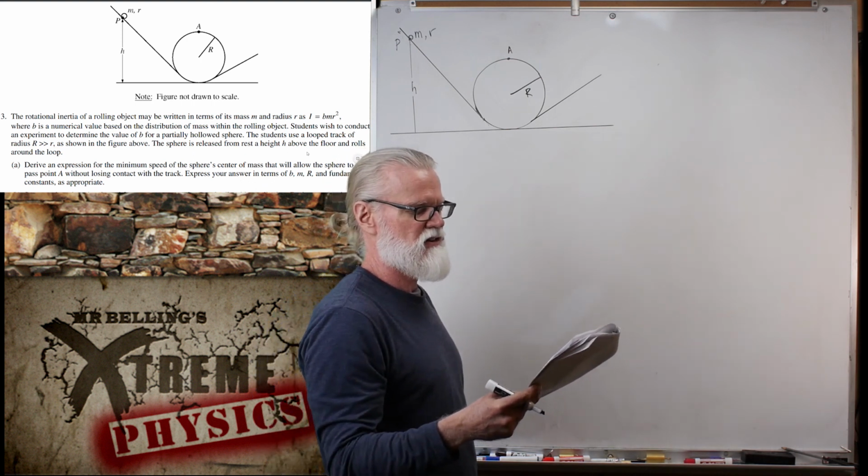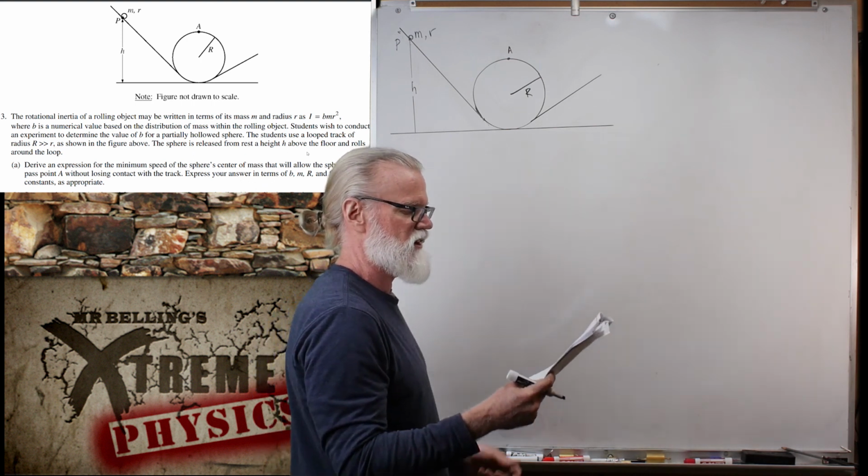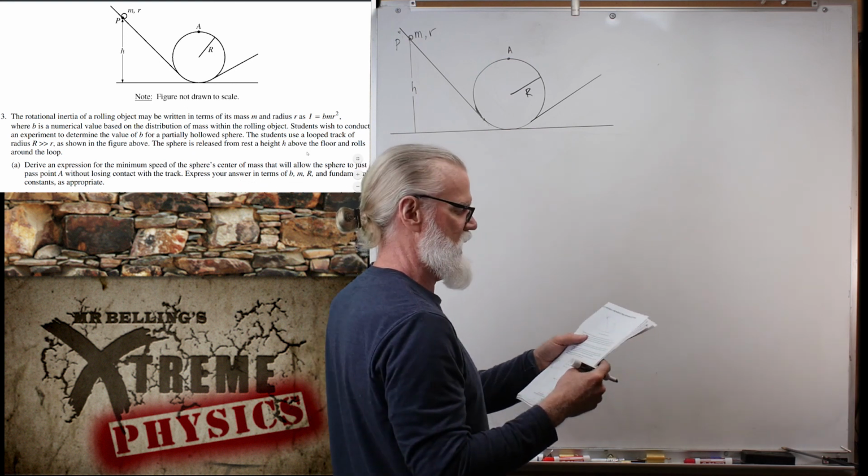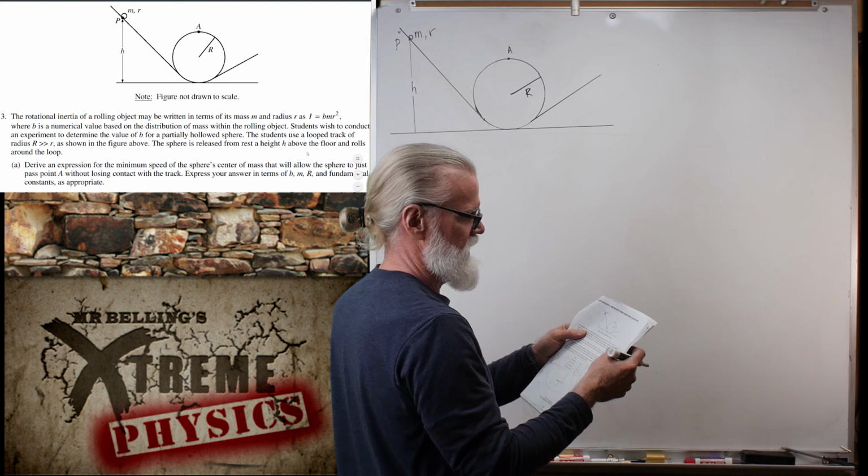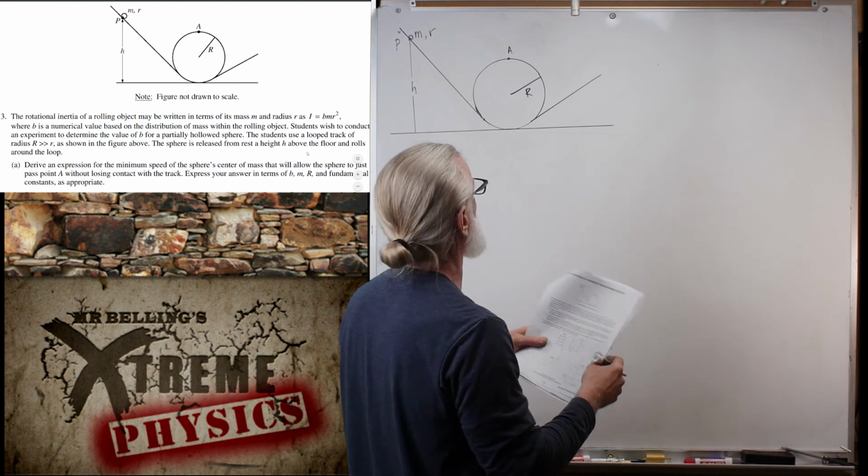The rotational inertia of a rolling object may be written in terms of its mass and radius as I equals b m r squared.